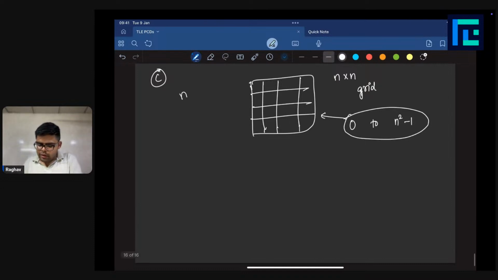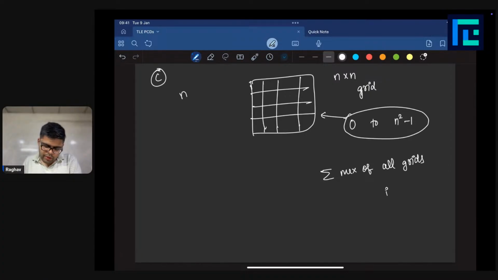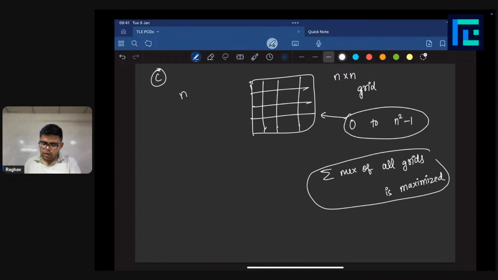And you want to find out the maximum possible, like you have to construct a grid such that the sum of MEX of all subgrids is maximized.